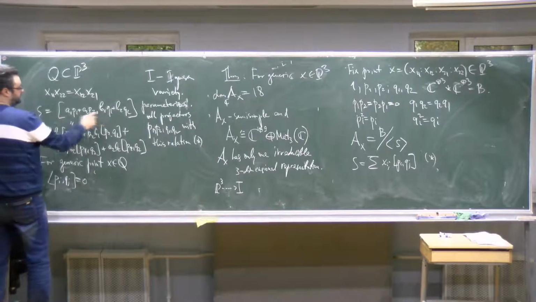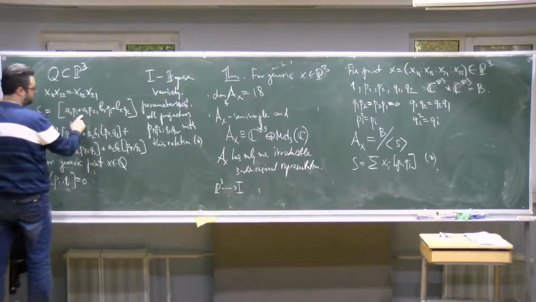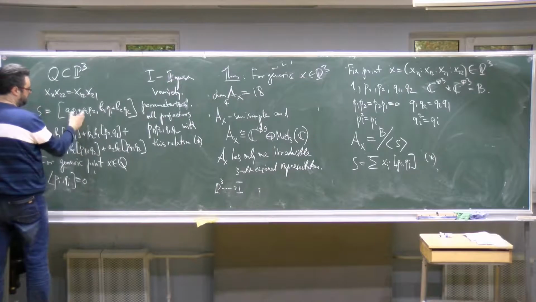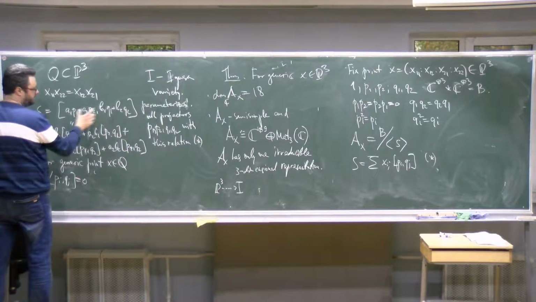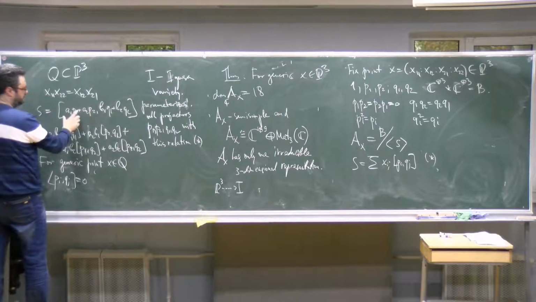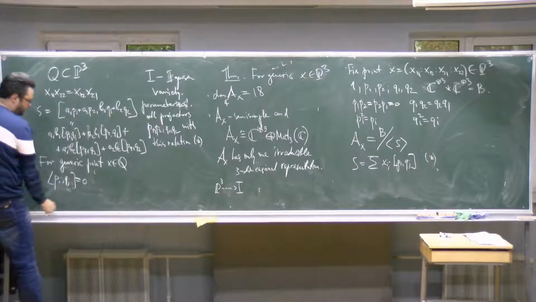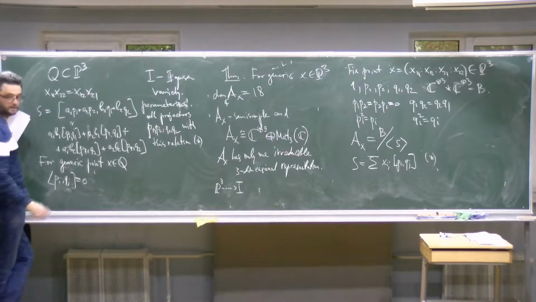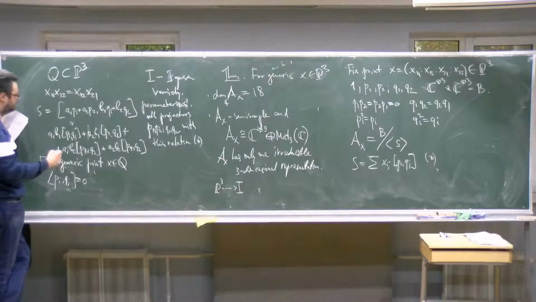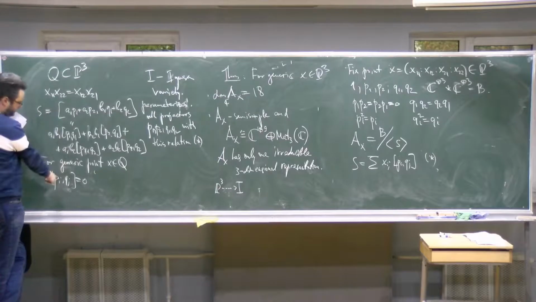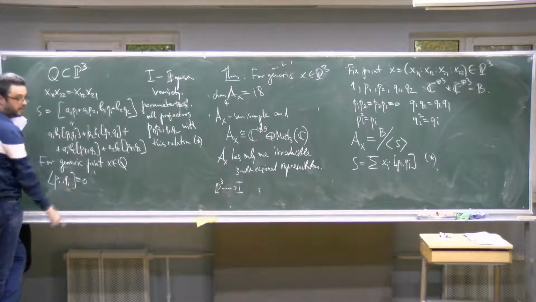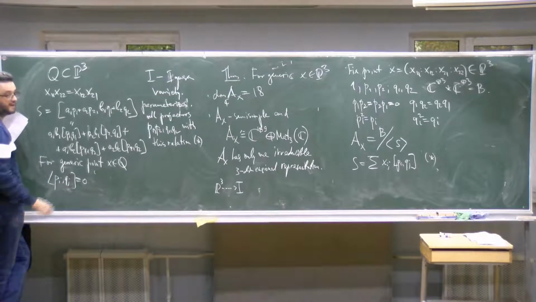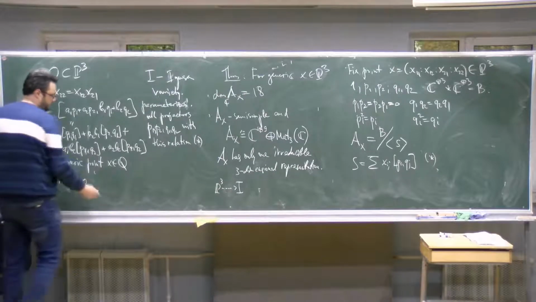Because if this element commutes, then its square commutes, and so on. We get that all Pi and Qj commute, for a generic point in this quadric.